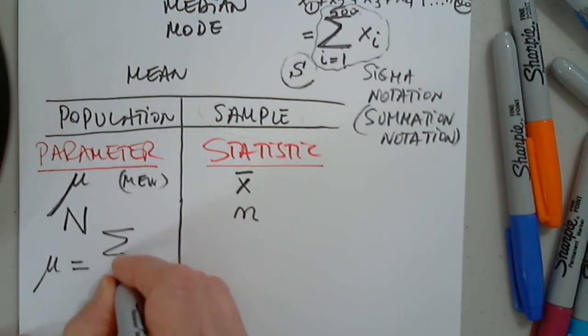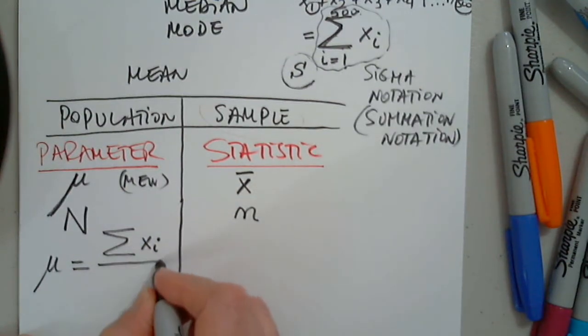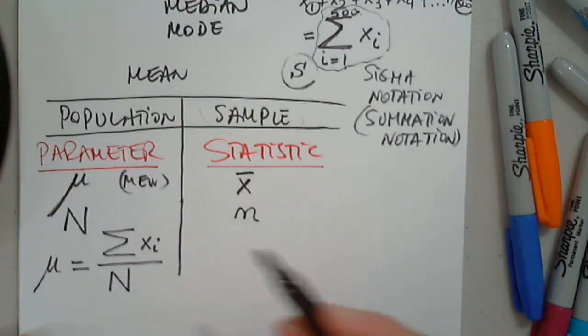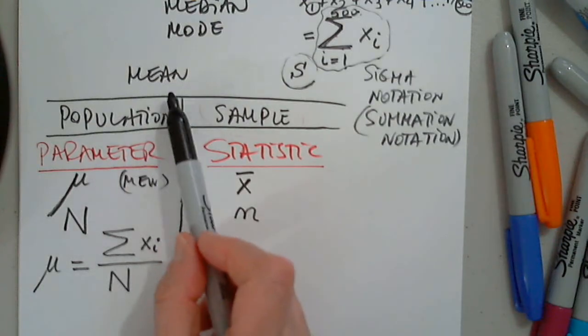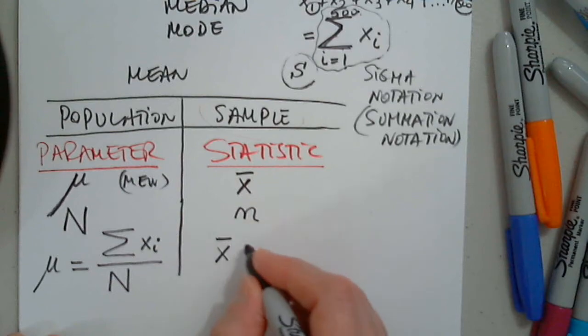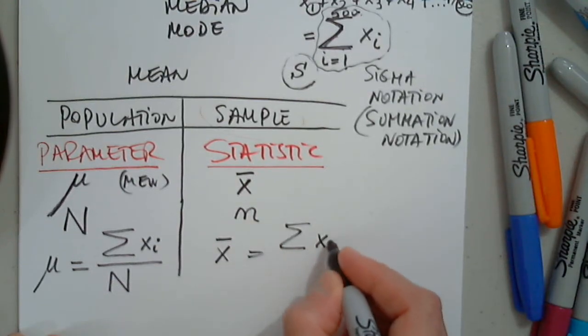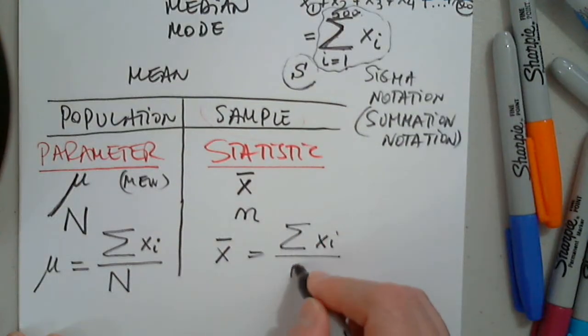So now these two are calculated in the same way: the sum of all xi divided by the entire number. It's the average. If I have 10 numbers, I add them up and divide by 10, and that will be the average or the mean. Same thing here, it's just the notations are different. The sum of xi that I have in the sample, I add them up and divide by the sample size.